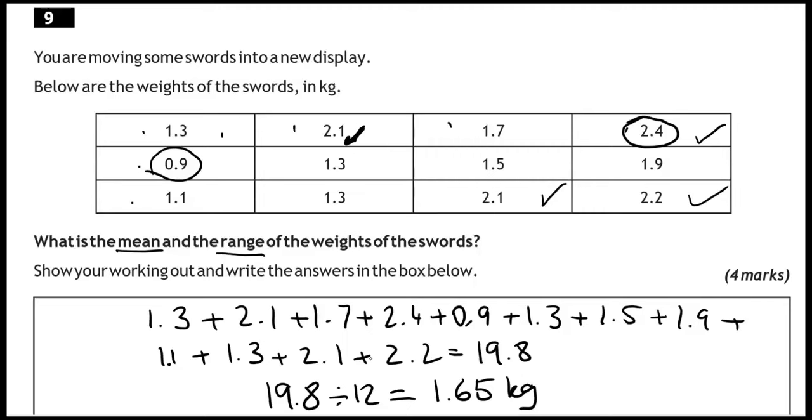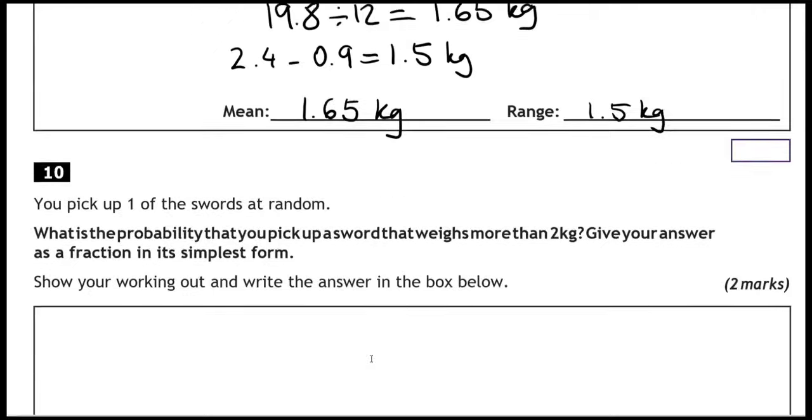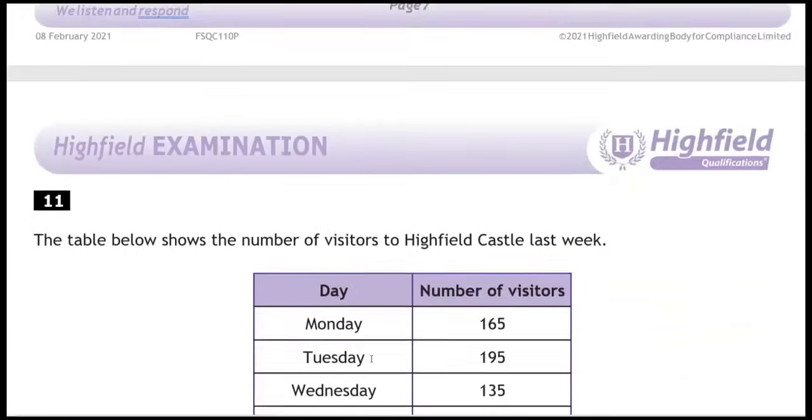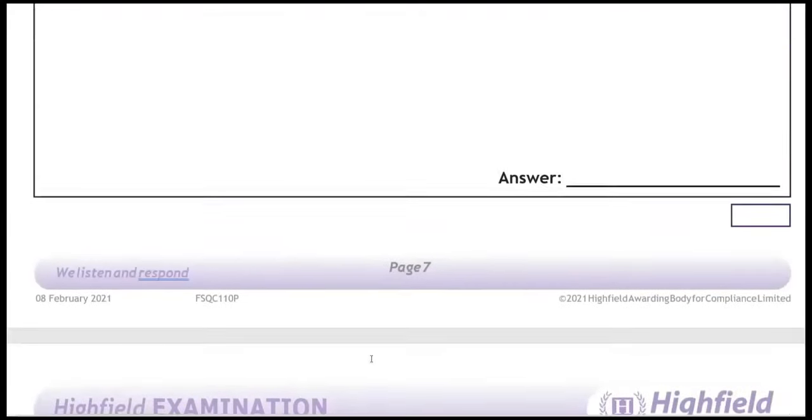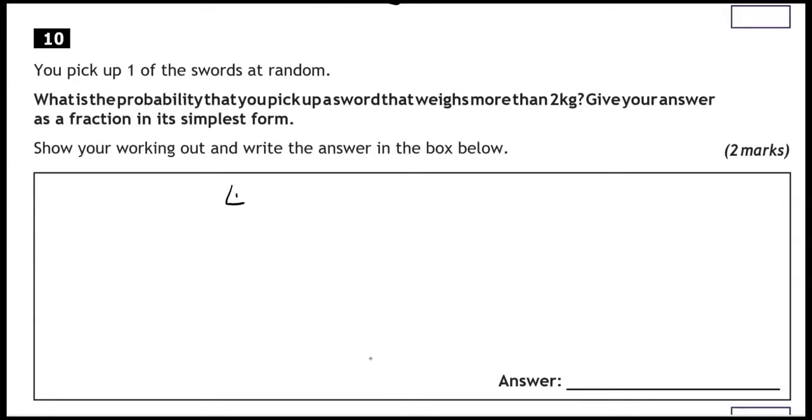So it's 4 of them out of the 12 that are in total. We've got to write it in its simplest form, so we can simplify by dividing both numbers by 4. 4 divided by 4 gives us 1, 12 divided by 4 gives us 3, so 1/3.